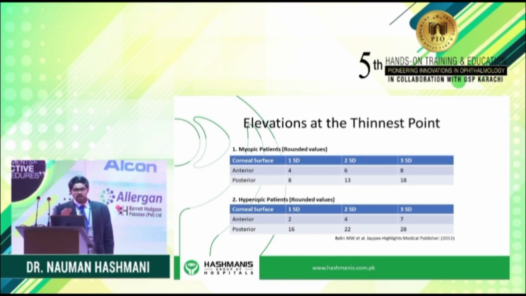But again, if you get a patient with an elevation of 15, you have to realize that 2 standard deviations means that 5% of the patients will be absolutely normal even at 15 elevation. So if you can't see the cone, but you have elevation at 15, you can also say that 5% of these patients are actually normal. Then hyperopic patients have anterior 2, 4, and 7, with the posterior 16, 22, and 28. Again, it gives you the option to change that on the Pentacam.